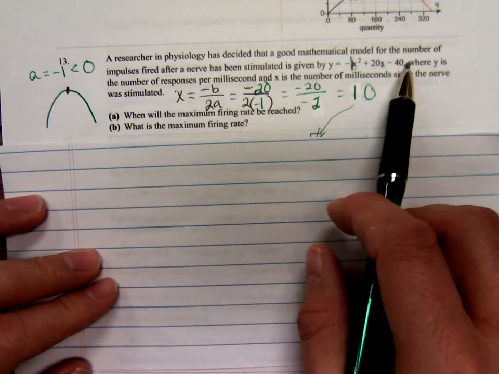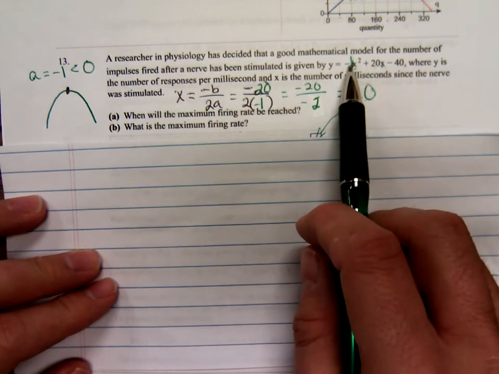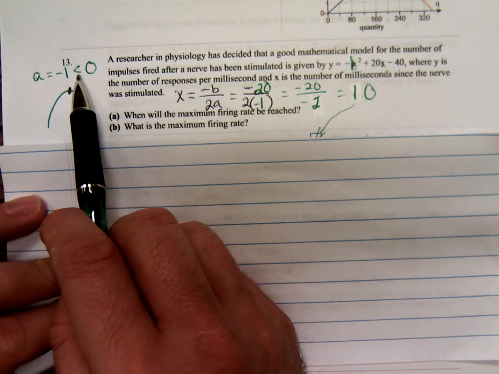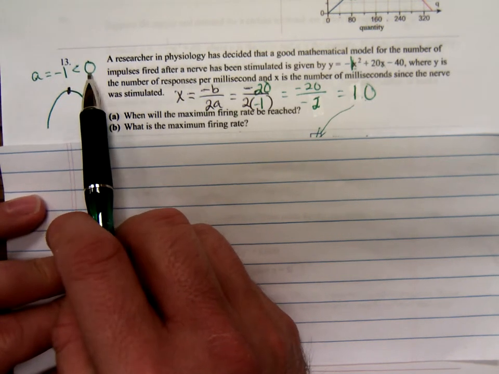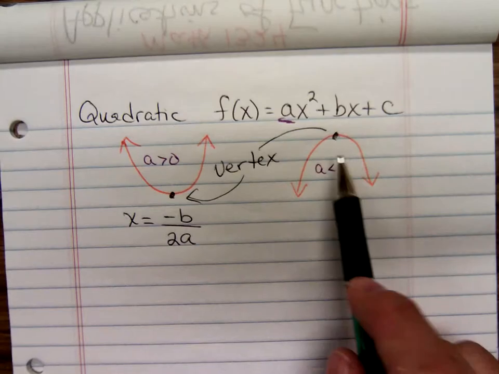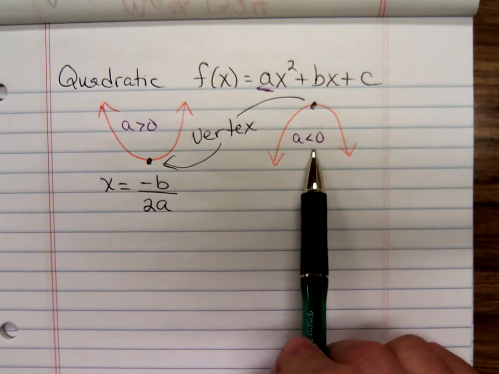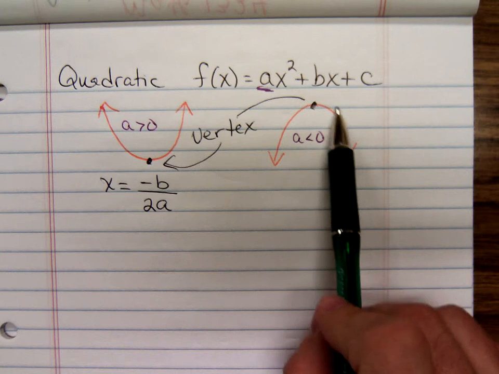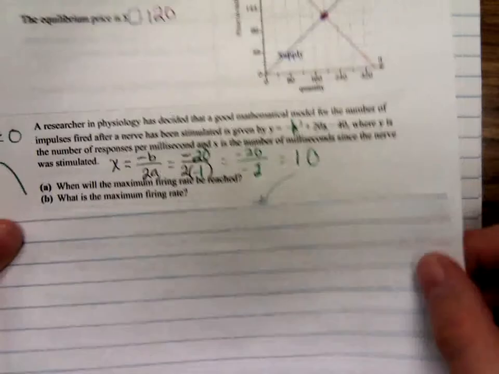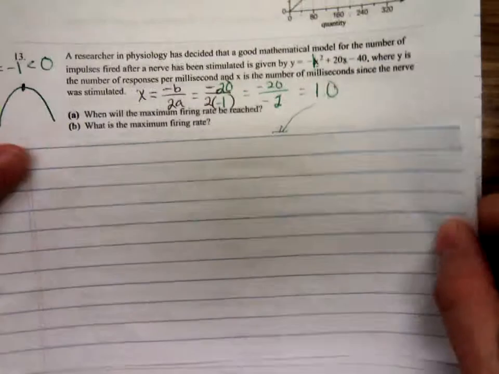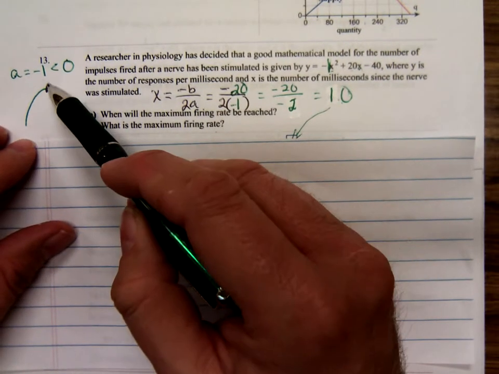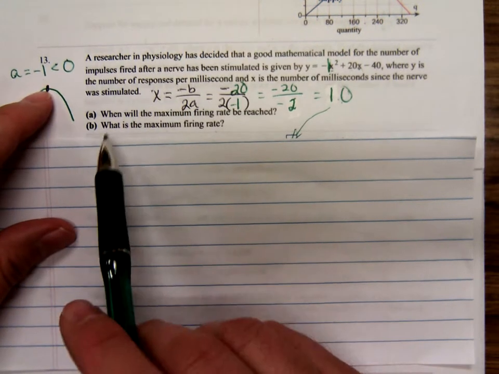Well, this is a quadratic function, and a is the number negative 1, and this less than 0 means a is negative. If a is negative, the graph opens down. So if it's opening downward, there must be a maximum at the vertex. So that's what I'm deciding here. The maximum must occur at the vertex.